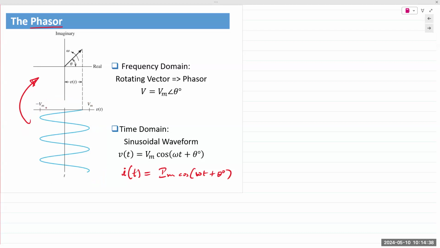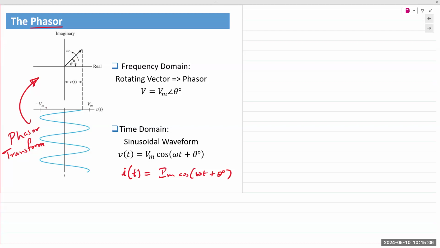And the transform is known as a phasor transform. We don't do the derivation for non-E major classes. But the implementation is very simple. It's straightforward, okay?